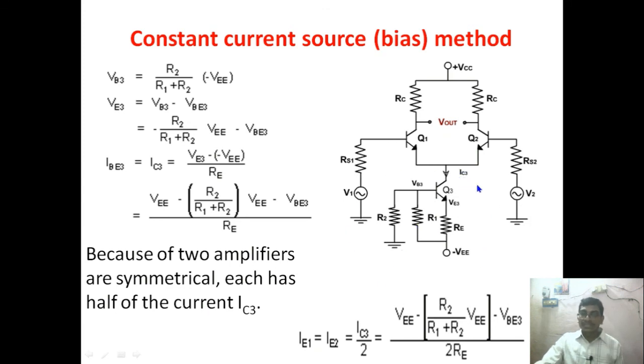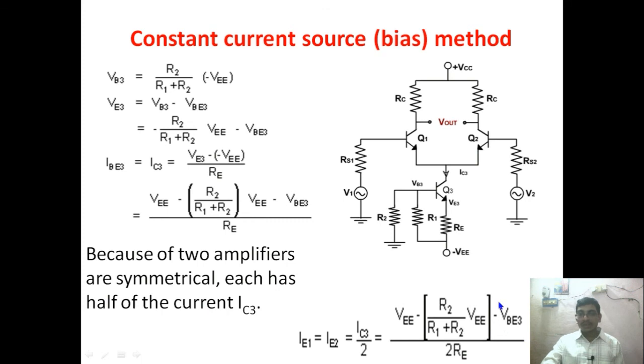So this is called the constant current source bias method. In this equation all are constant values, so IE or IC3 is constant, which offers very high resistance in the emitter branch of our differential amplifier, so that our CMRR, the common mode rejection ratio, increases.